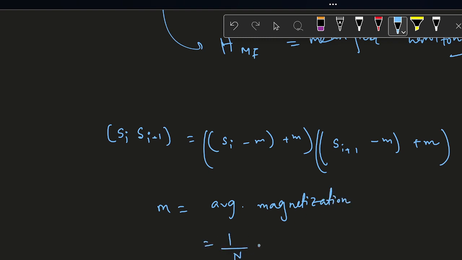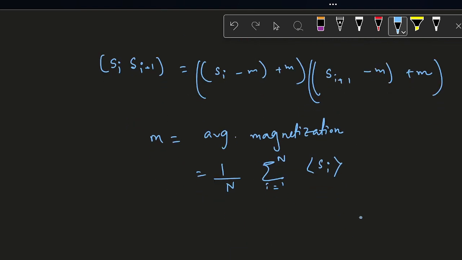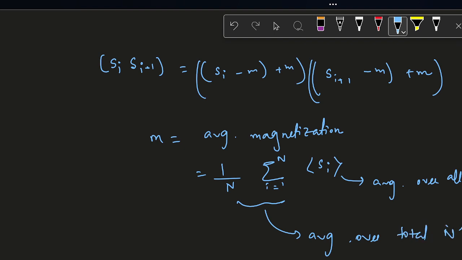Which is defined as 1 by n sum over i from 1 to n of the average of S_i. So you can ask why there are two average signs. First of all, the average sign on S_i is for the average over all possible configurations, where S_i can take values 0 and 1. And this overall sum divided by n is for the average over the total n count of S_i values.